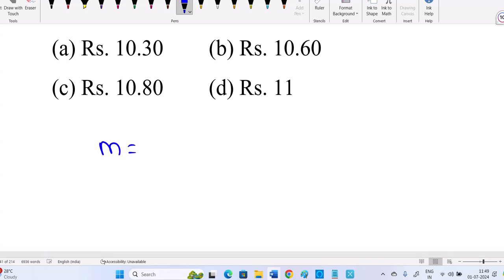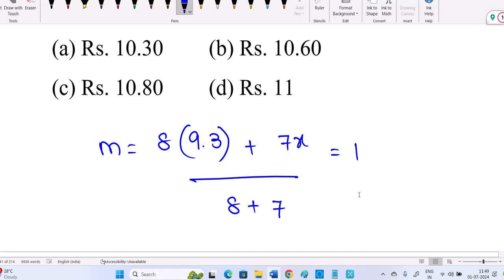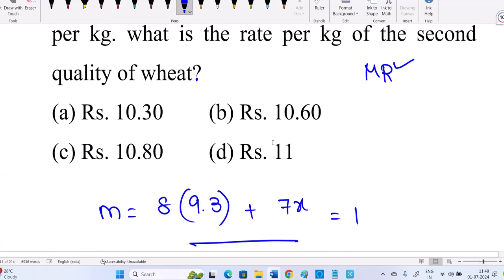Mean price is nothing but the first variety at 9.3 per kg. I took 8 cases. Next one, the price is not given, so we take 7x, but the mean price is nothing but 10. What is the mean price? 10 per kg.